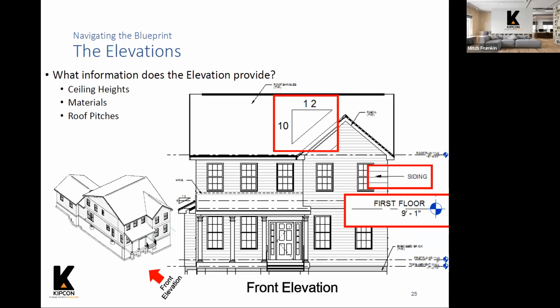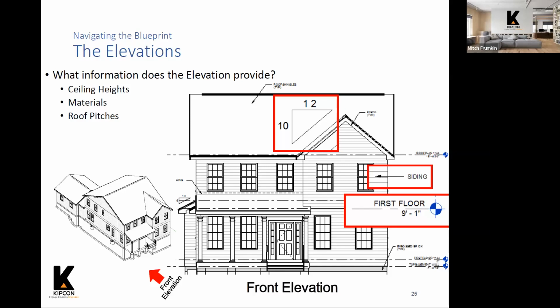It's showing you where the roof shingles are. It's showing you that that front gable section has a roof slope of a 10-inch rise over a horizontal 12-inch run. There could be different numbers depending upon what the roof slope is, but that's what those numbers mean, and it tells the contractor at what slope that roof needs to be constructed.